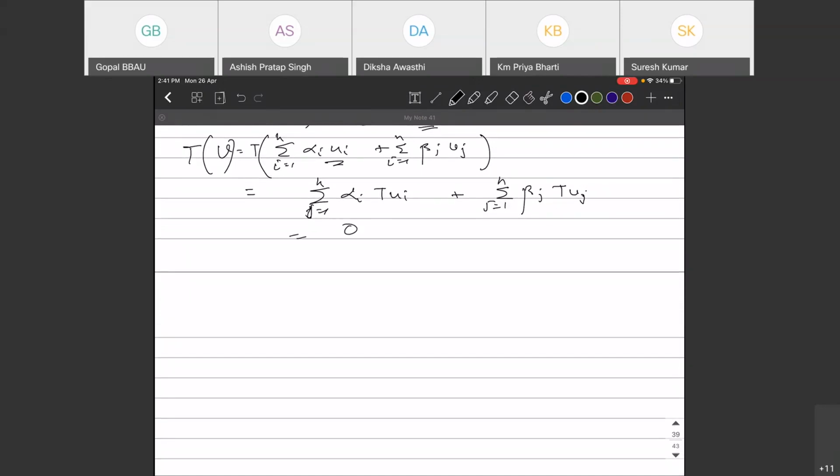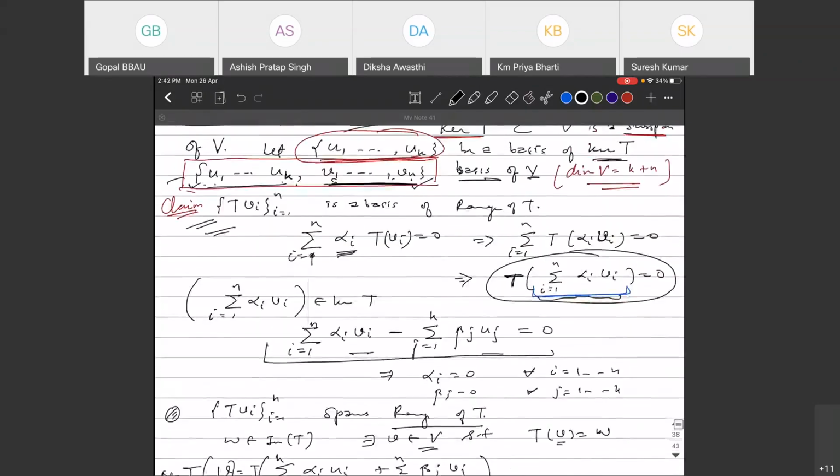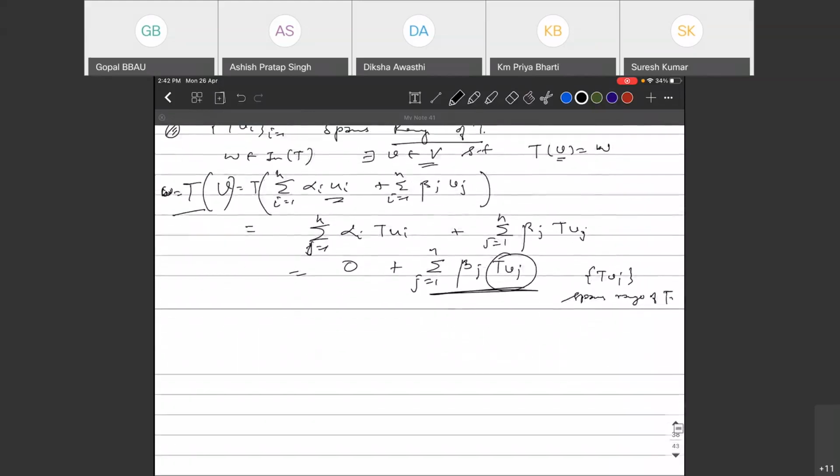So this is 0, leaving summation beta J T V J. So from here, this W, which is T V, can be represented as a linear combination of T V J. So this means T V J spans the range of T.